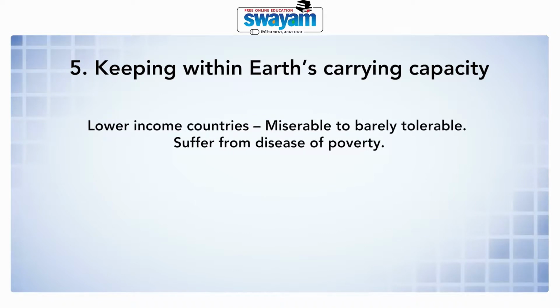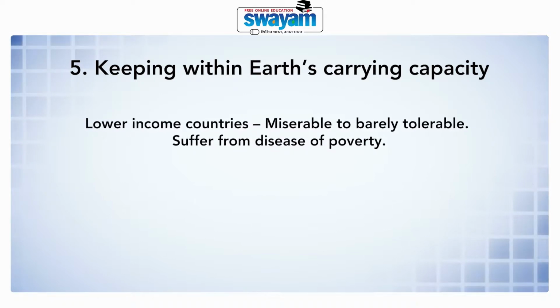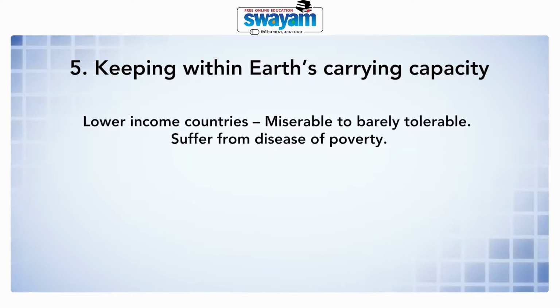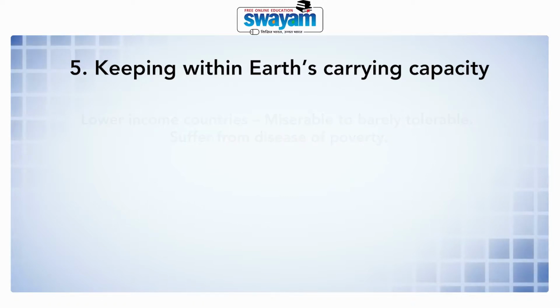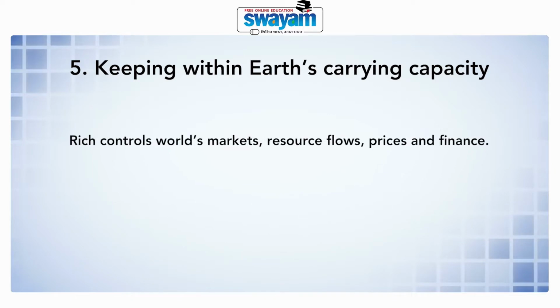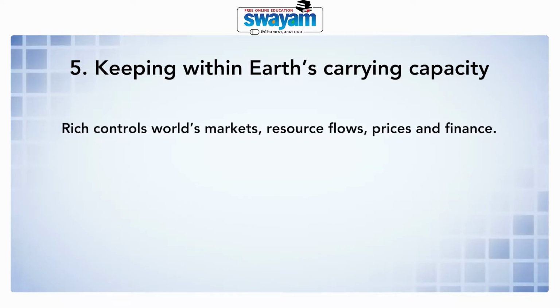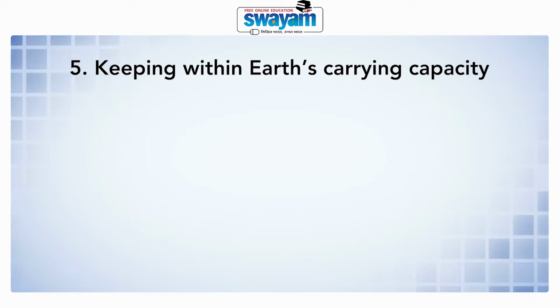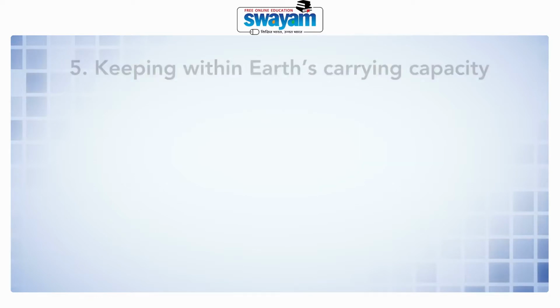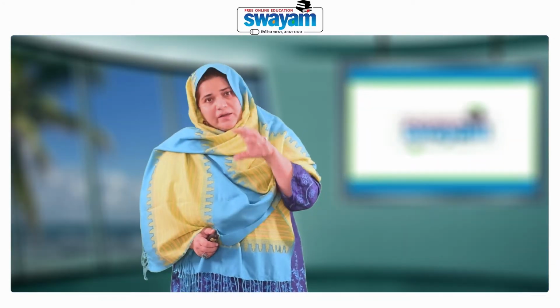They suffer from disease and poverty, unemployment, and a very, very deep divide between the rich and the poor. Because the rich control world's markets, resource flows, prices, and finance. Hence, an increased awareness in this regard is also needed, because the capacities of the earth are limited.